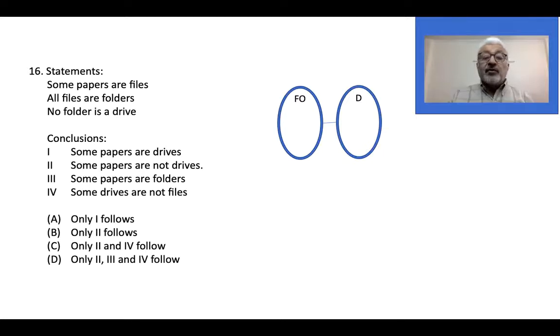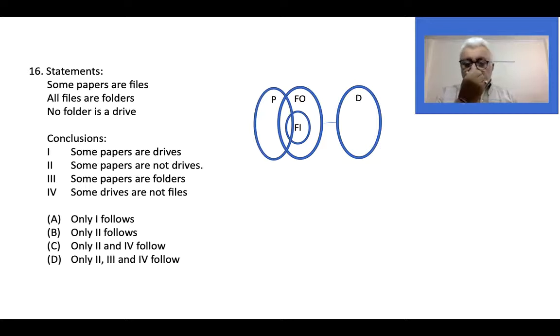So we've got all the files inside folders. All right. And then it says some papers are files. So now we show a paper category overlapping with files. Will that be all right? Some papers have an overlap with files. So we are talking about some area, probably this one. Some papers are files. Okay.